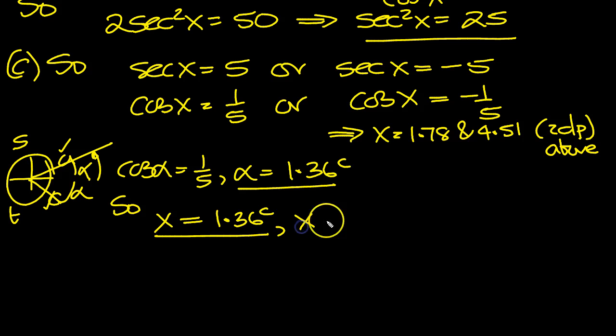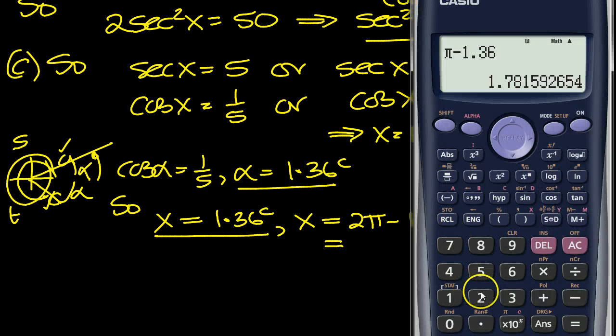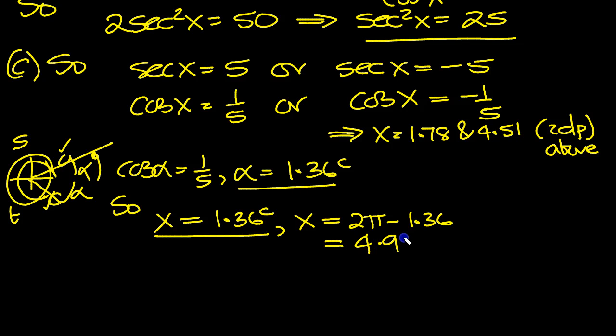And the other solution will be x equals, it'll be right around to here, which is around 2 pi back 1.36, which equals 2 times pi minus 1.36, 4.92. And that's again to 2 dp on these solutions, radians.